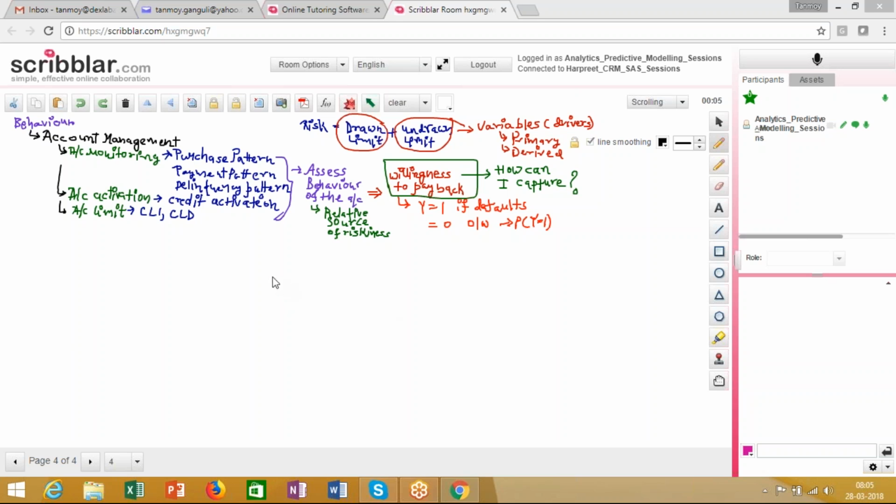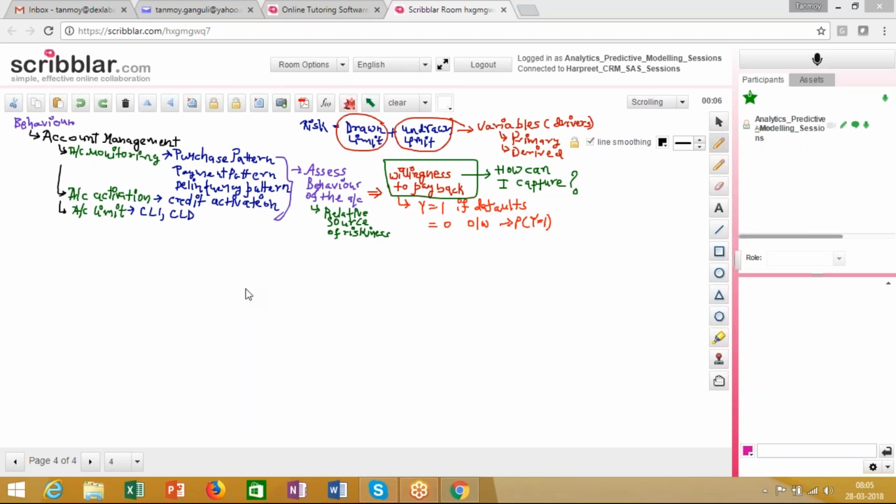One of the parts that we had seen was that we started exploring credit cards as a business product. We saw what its different characteristics were.